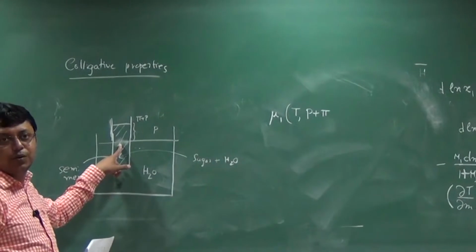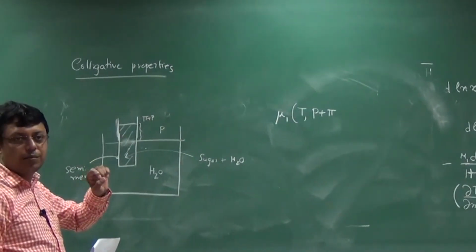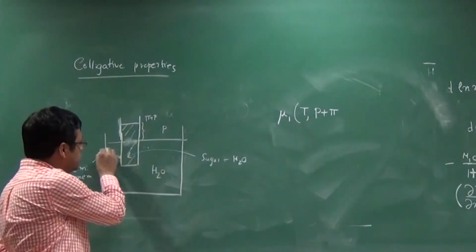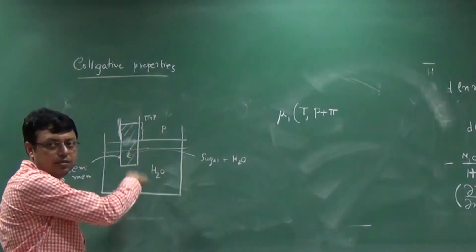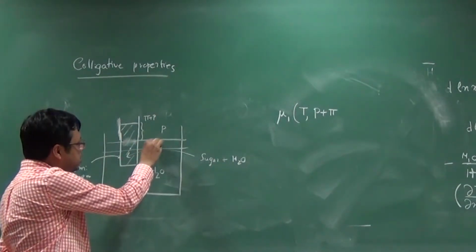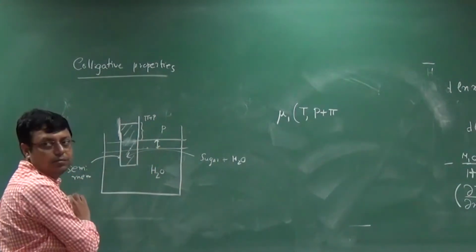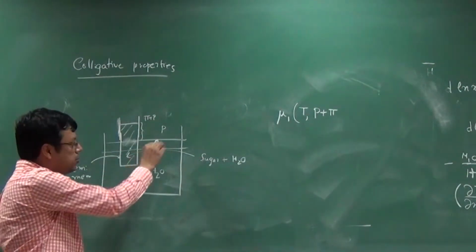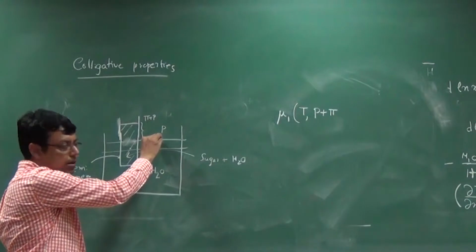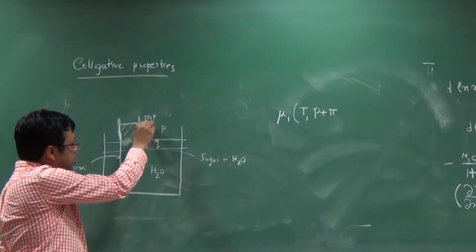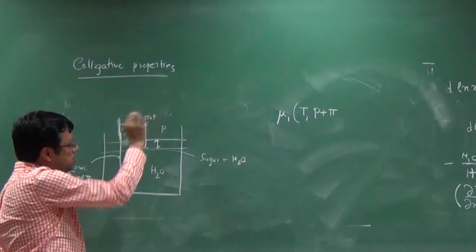Clear? Now when you measure the chemical potential or anything, you think about one particular level, like this level, because the pressure will change. Now at this level, suppose I am assuming that the pressure is basically P, which of course will be more than atmospheric pressure, because atmospheric pressure is at this level, but there is also water height. But here it is not only P, it is basically P plus pi.